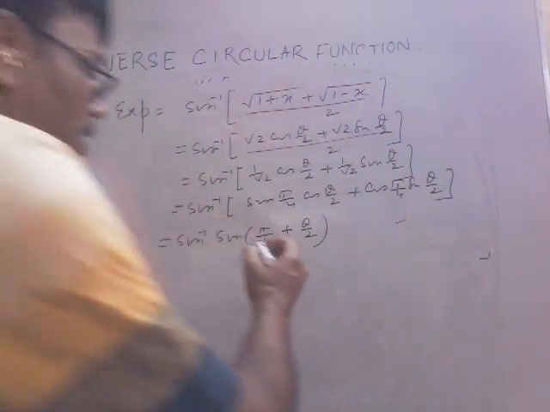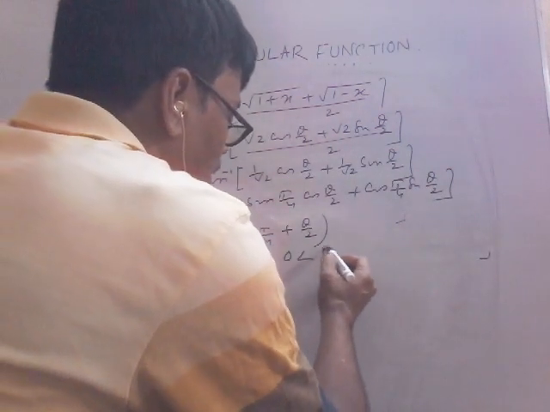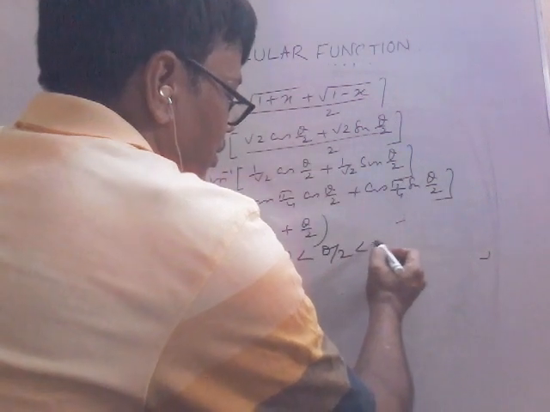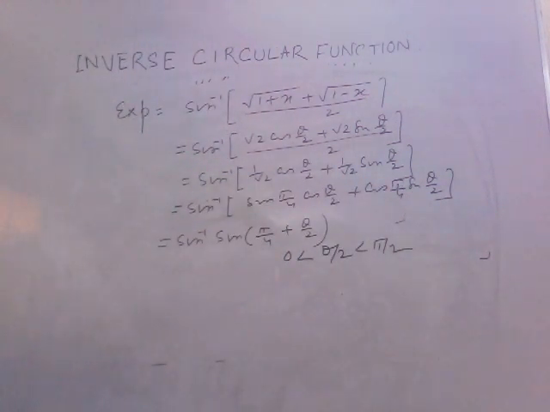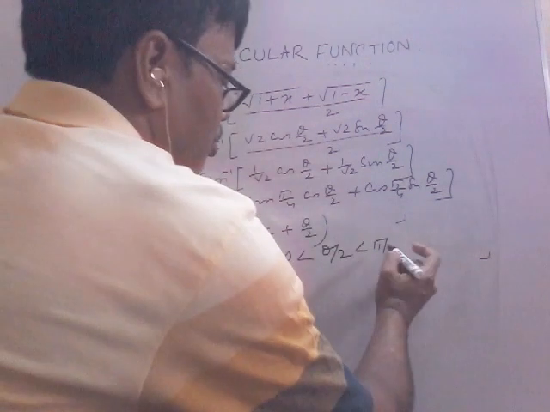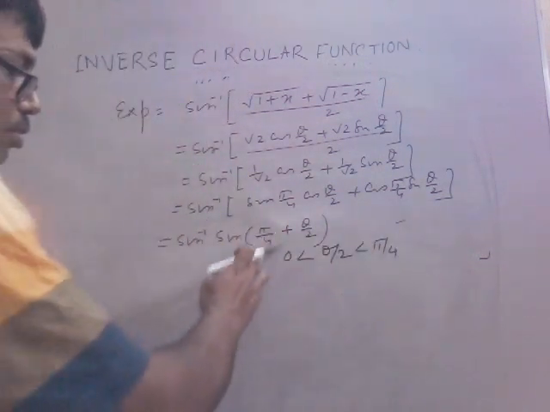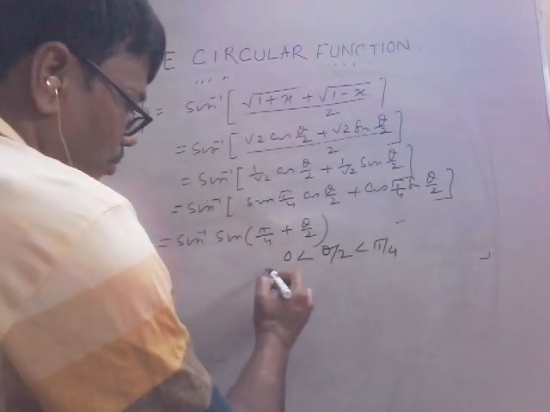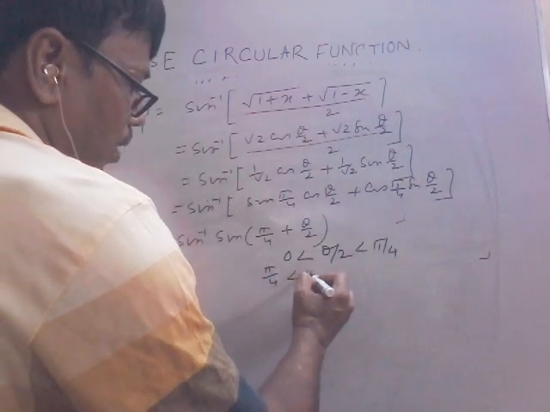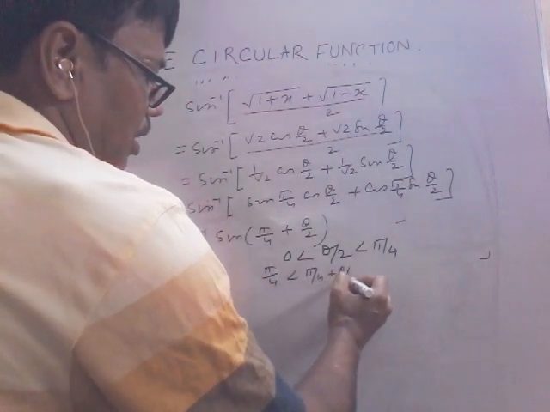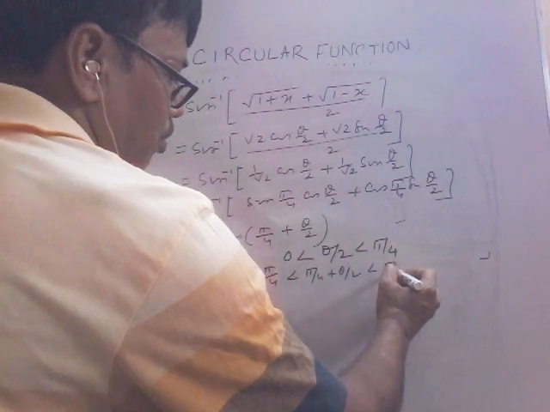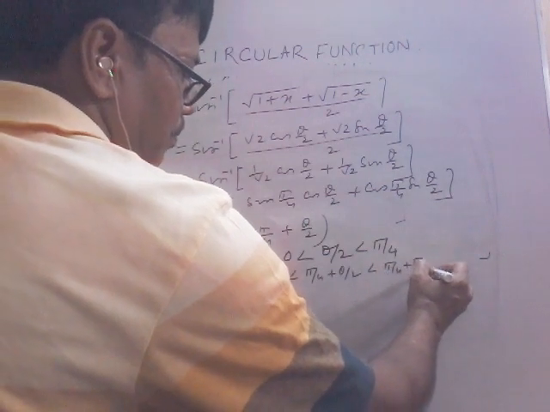We have already proved theta by 2 lies between 0 to pi by 4. So what is the argument? Pi by 4 plus theta by 2, that is pi by 4 plus pi by 4.